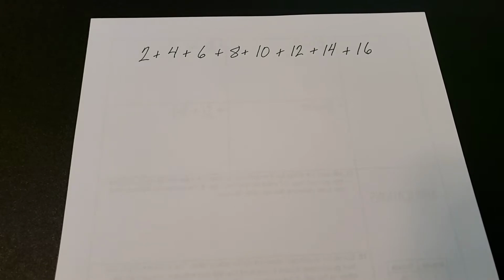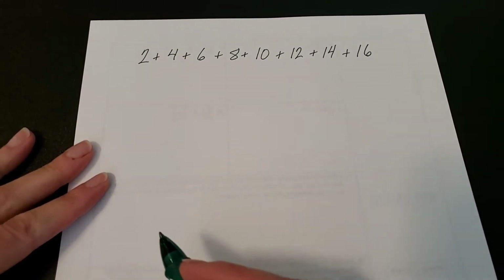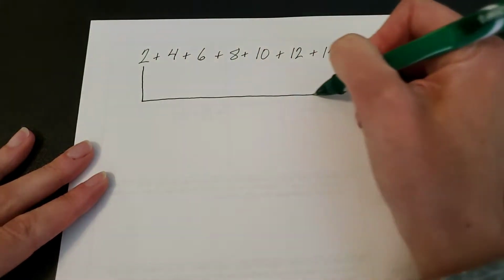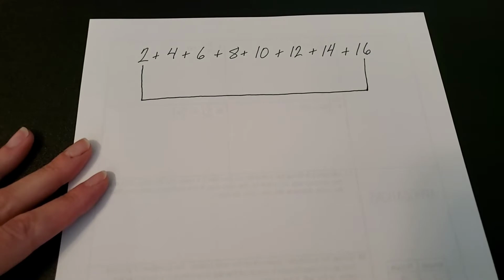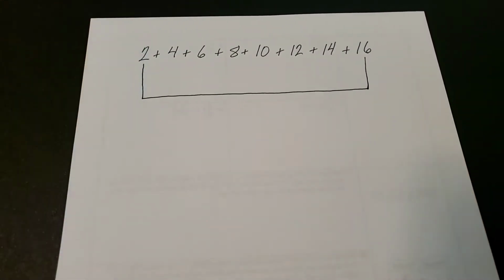What I'd like for us to look at, though, is a simpler way to add than just having to add 8 terms, to look for some patterns. So notice here, if I actually take this first term and connect it with the last term, if I look at adding the first and the last term, 2 plus 16 is 18.